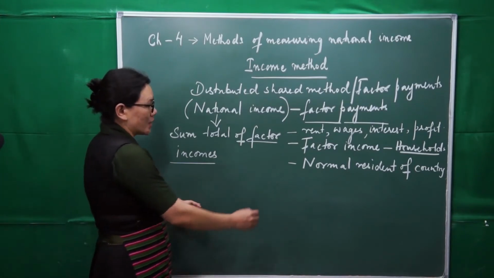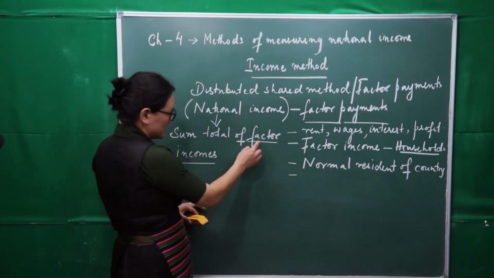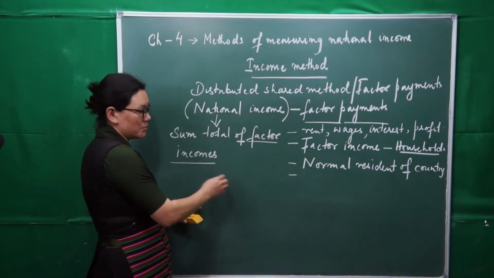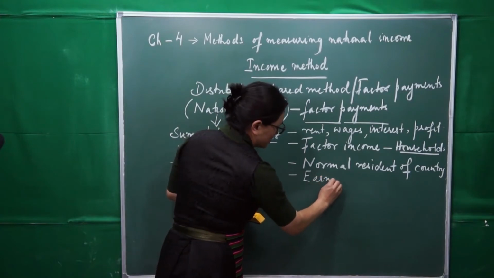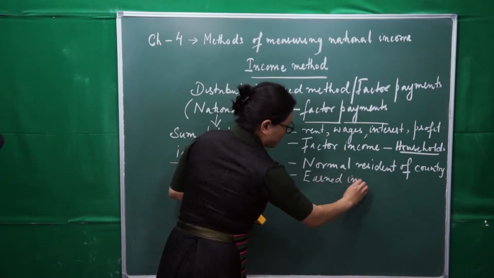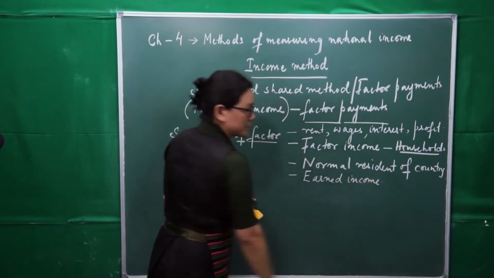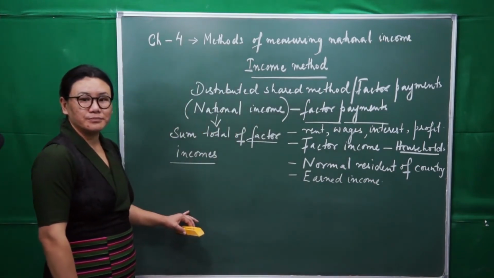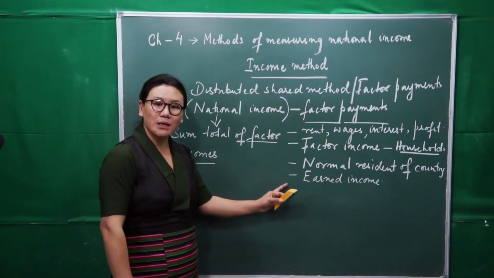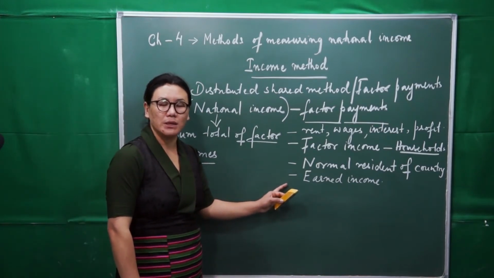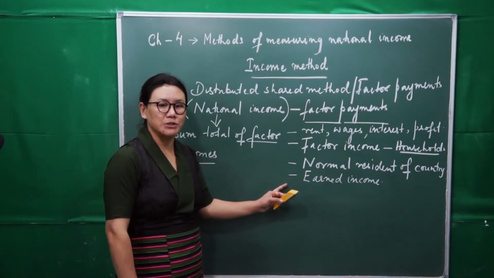So I said before also, these factor incomes are earned income, and earned income is included in the estimation of national income.